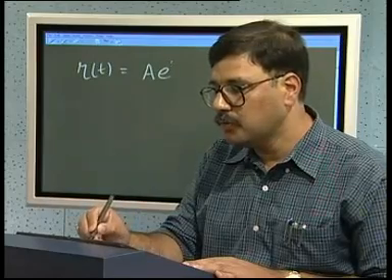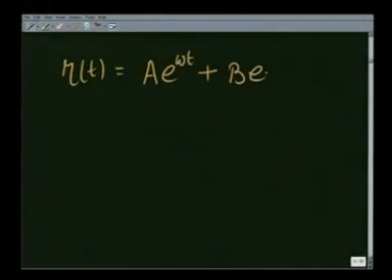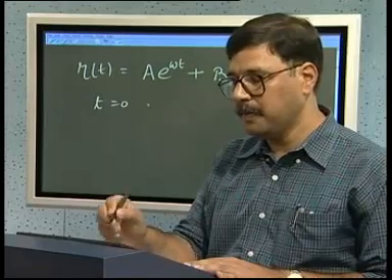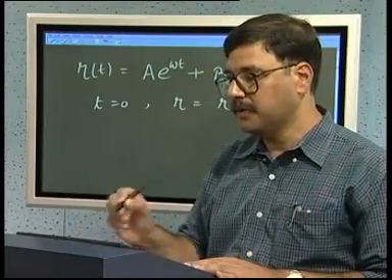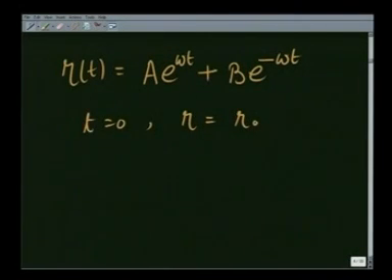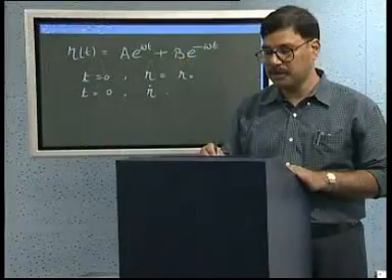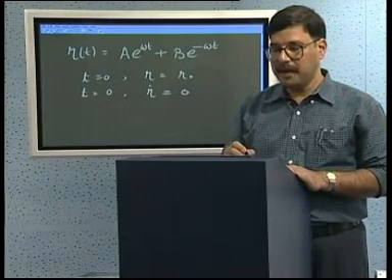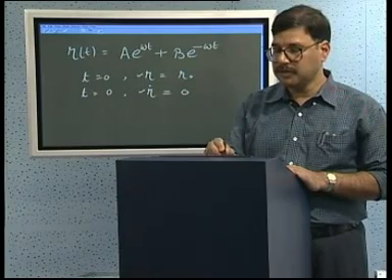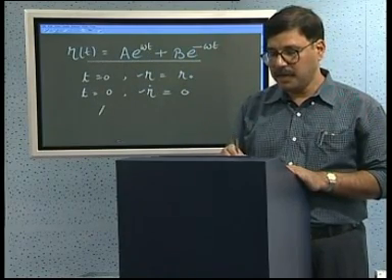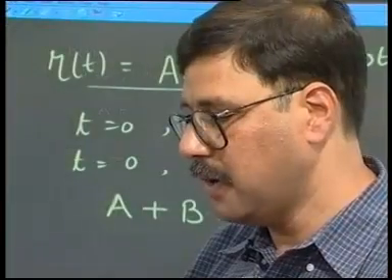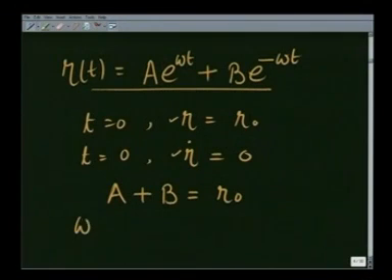So, the solution r as a function of time is a e raised to omega t plus b e raised to minus omega t, and if I am given that at t equal to 0 the particle is at some initial position r 0, and suppose it was not moving in r direction, so that r dot was equal to 0, then writing these quantities from this equation at t equal to 0, a plus b is equal to r 0, and if I take the derivative, omega times a minus b is equal to 0.